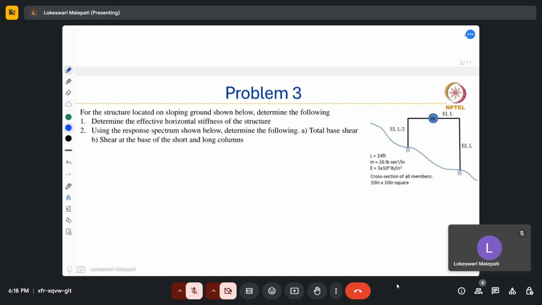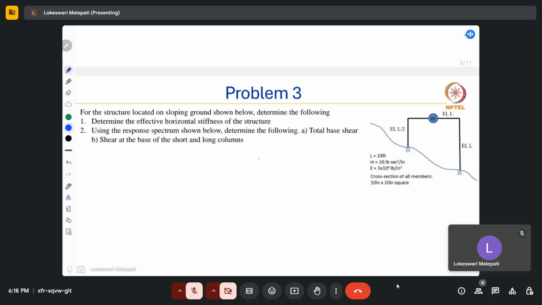So first we need to find out the effective horizontal stiffness of the structure. So for this we need to use the concept of static condensation. So for this, let's write down the force displacement relationship for this whole frame. And we can also assume that all the members are axially rigid.